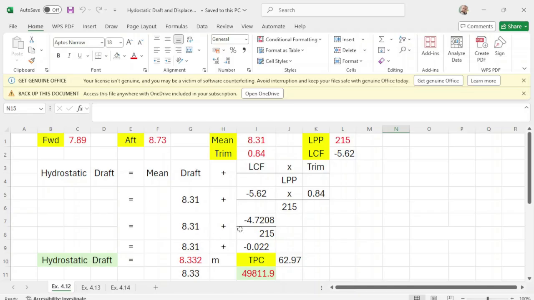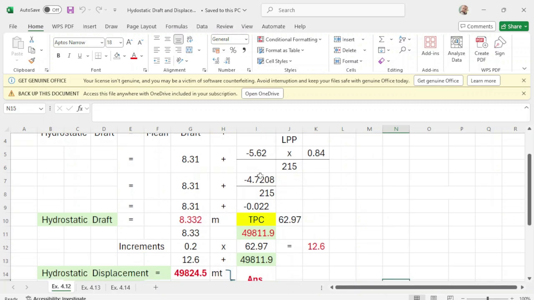Your mean drop plus, multiply these two, that will be negative 728 over 215, which is your LPP. You divide this, that will be 8.31 plus negative 0.022. Okay, take note guys.